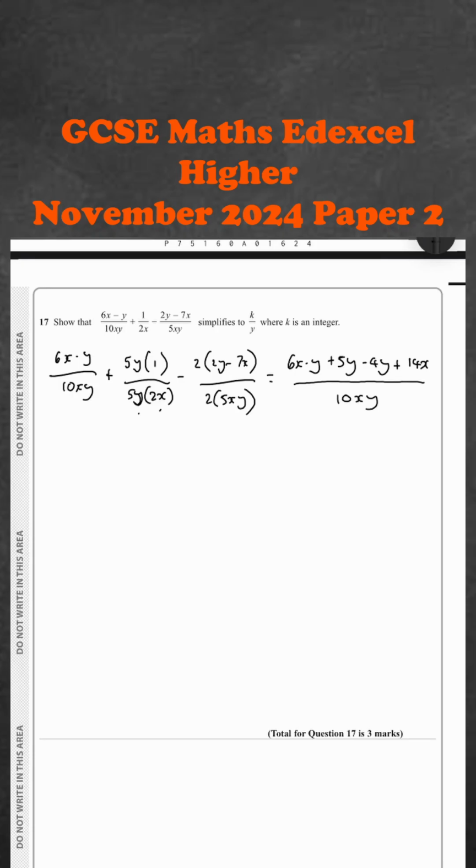So if we now simplify this out, you can see minus y minus 4y cancels with the plus 5y. And then we'll put together the x's so that we have 20x over 10xy. Now you can see x cancels here, and the 20 divided by the 10 just gives us 2. So our answer is 2 over y, which is in the format that they want.